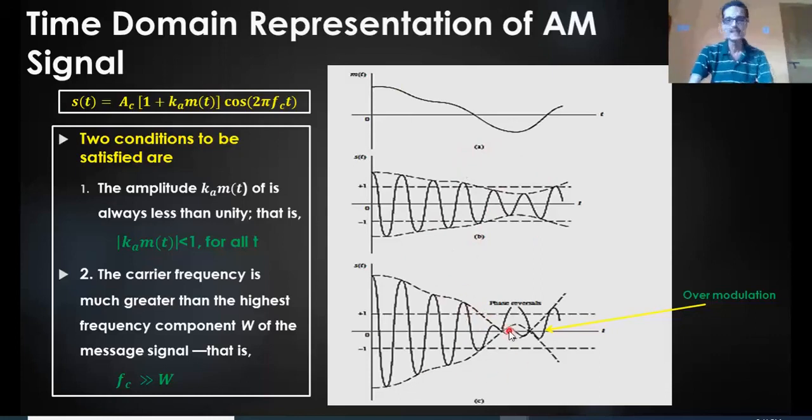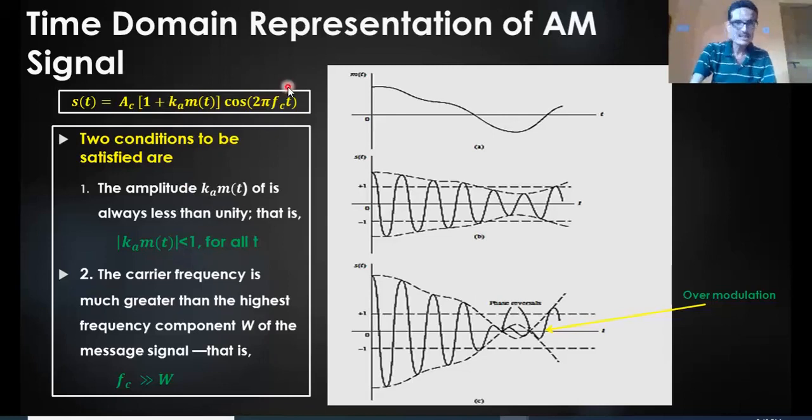So why exactly do we get over modulation, or how do we avoid over modulation in amplitude modulation? We have to satisfy two conditions to get a perfect modulation without any distortion or phase reversals. The first condition is that the magnitude of Ka-M of t should always be less than 1.